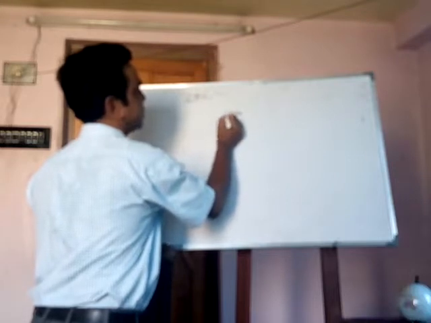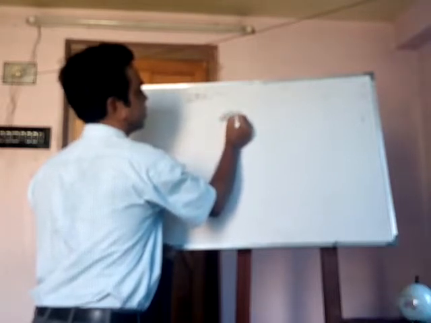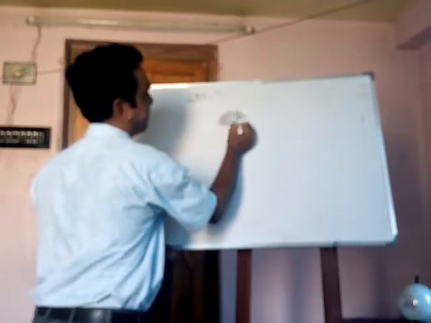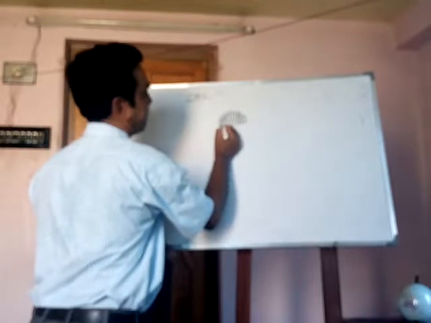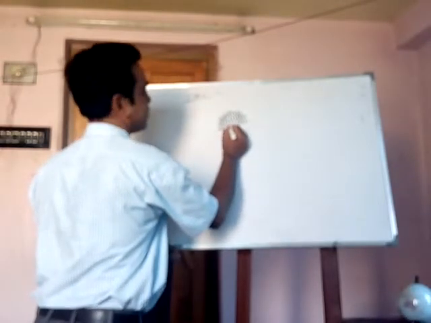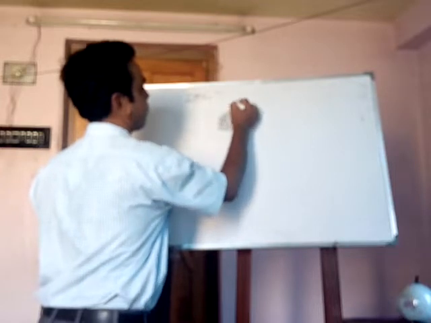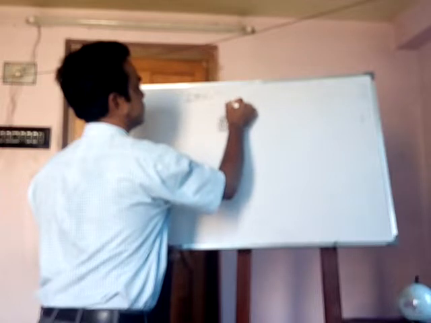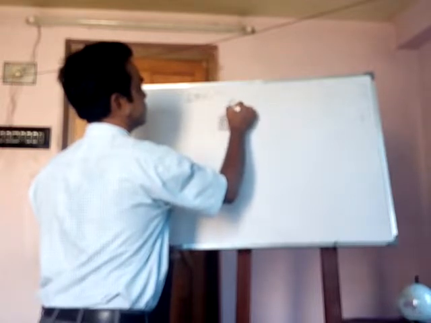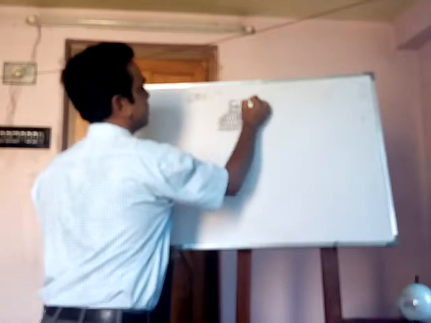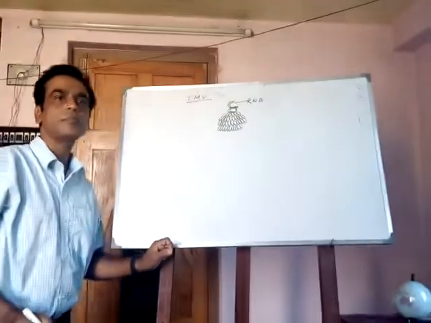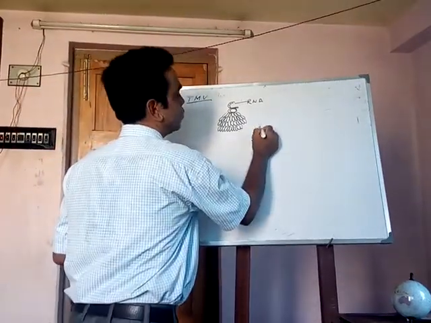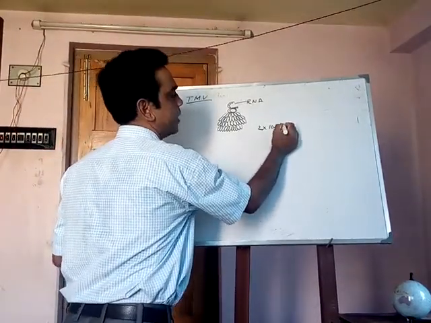The structure of TMV. The nucleic acid is RNA, and the molecular weight of the RNA is 2 into 10^6 Dalton.